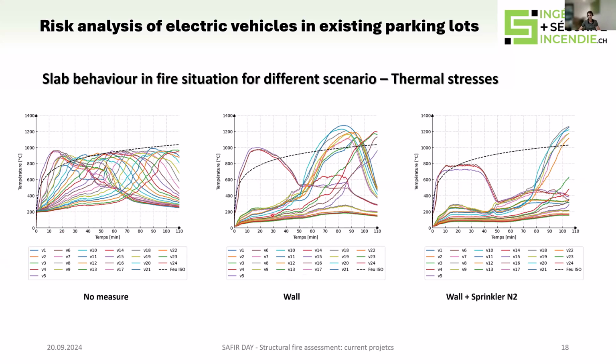And then with the wall containing the fire, of course, we have locally high temperatures due to the initial fire. And then the fire spreads and we get a high temperature, but later, after 60 minutes. And with the sprinkler scenario, it's quite the same, but after around 70, 80 minutes.